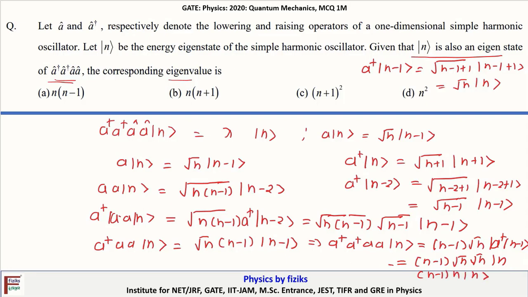So I can write here, a dagger a state |n> equals n into n minus 1 state |n>. So option A is our answer.